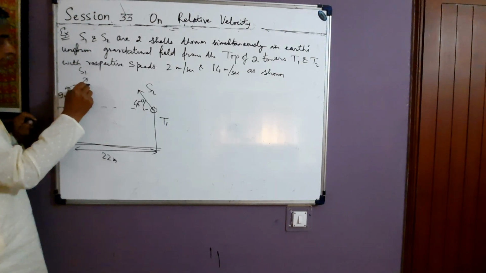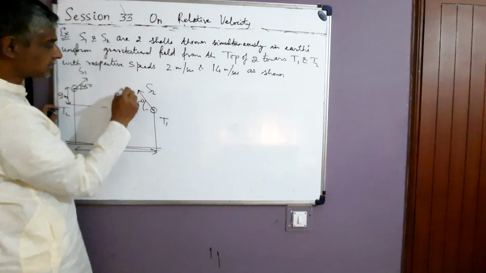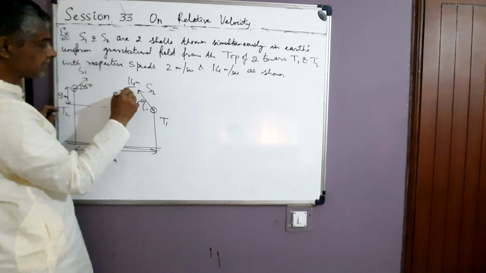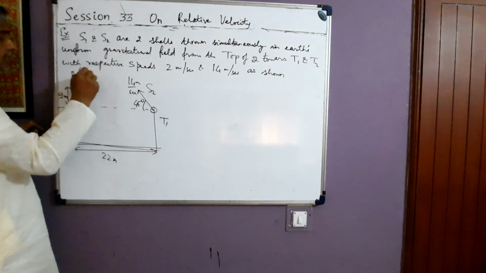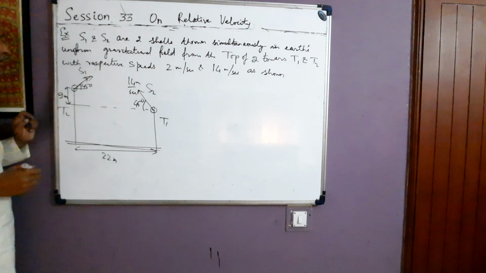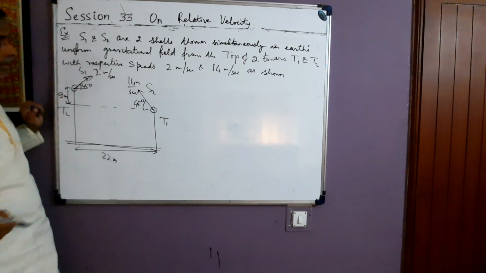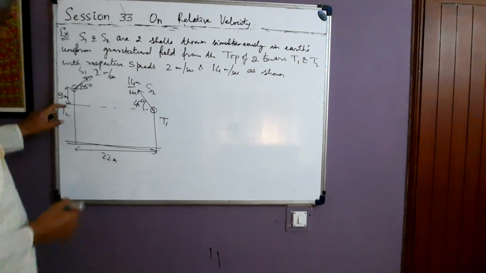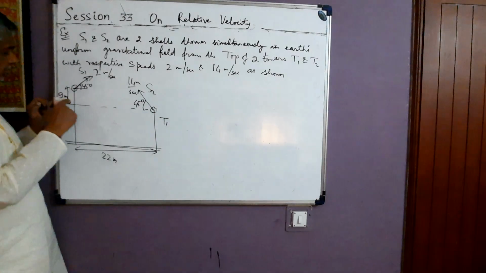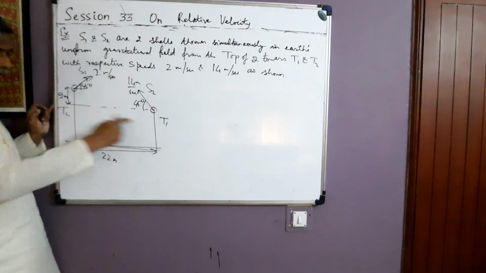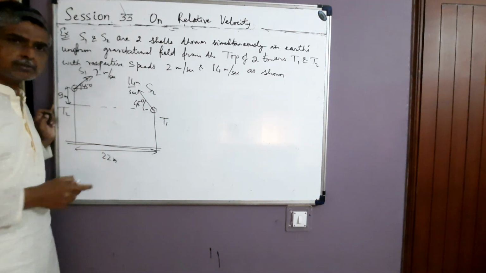This is also at an angle of 45 degree. Initial speed of S2 is 14 meter per second. Initial speed of S1 is 2 meter per second with respect to ground. Only height difference between two towers has been specified, not the actual height of the two towers. Okay, but they are tall towers.